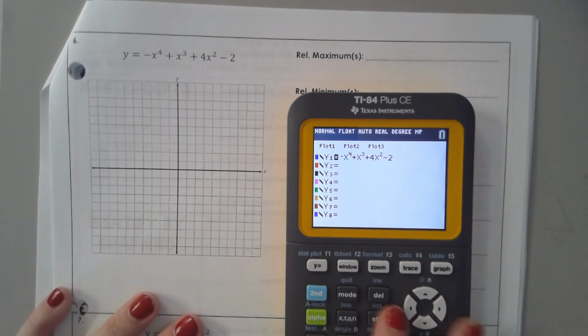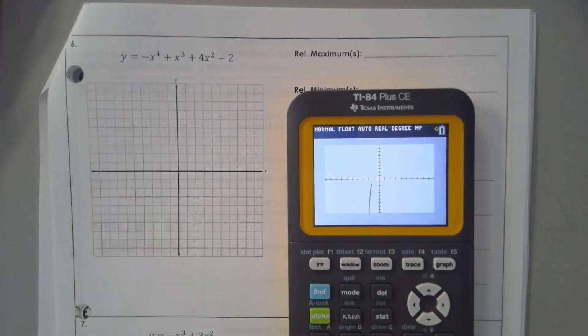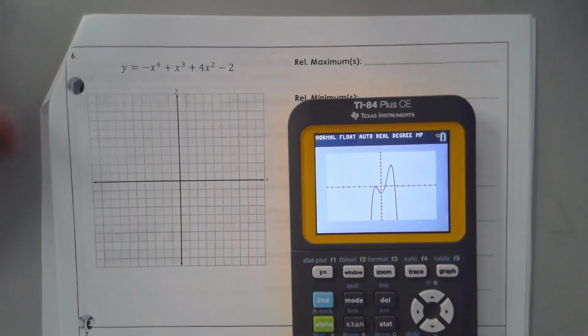And then I'm going to go to the graph, and I'm going to start by getting my max and min so that I can get my graph drawn.